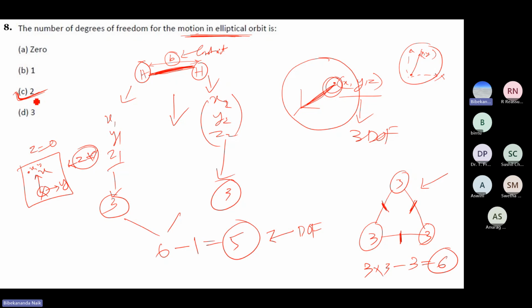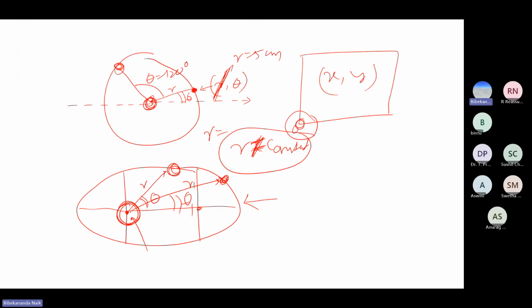If you talk about a simple pendulum, there is a fixed point here, then there is a string and there is a pendulum here. If you move the pendulum and it does simple harmonic oscillation, at any moment of time, since this is fixed, the length of the string, if you assume the string is unextensible, is always fixed.